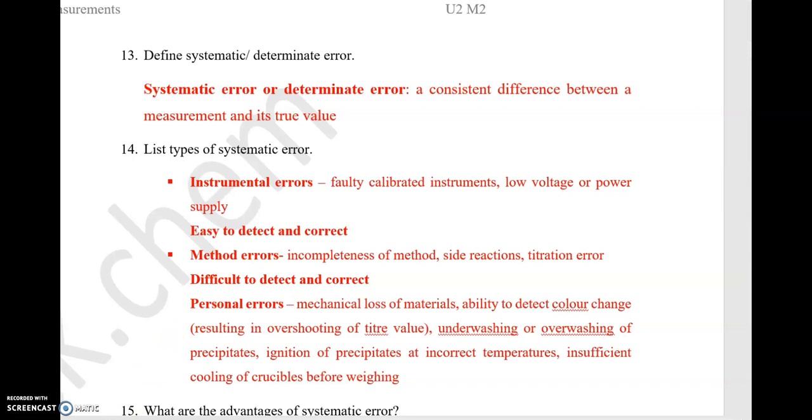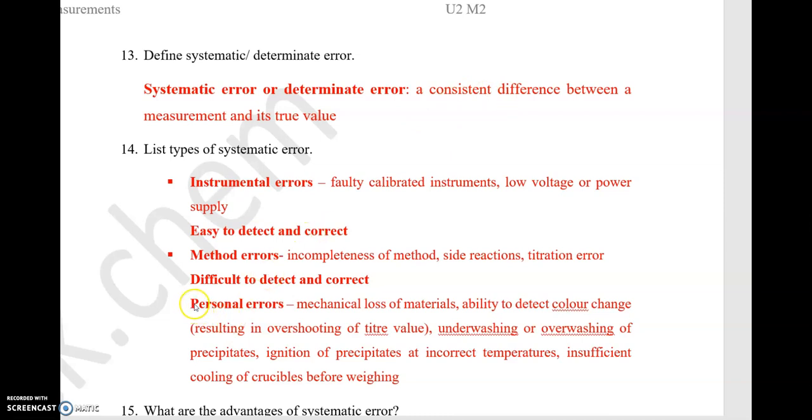It would be one which is the difference between the stoichiometric endpoint and the endpoint obtained in a titration. Now, instrumental errors, being easy to detect and correct, are different from our method errors, which are difficult to detect and correct. But they do result in a consistent difference between a measurement and its true value.